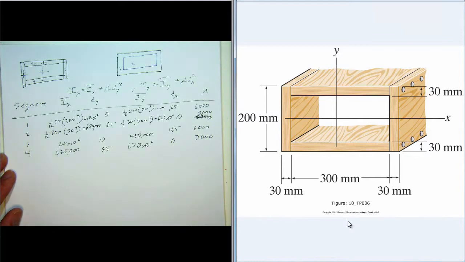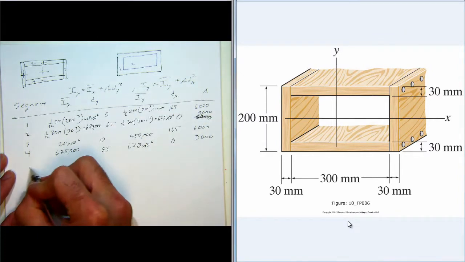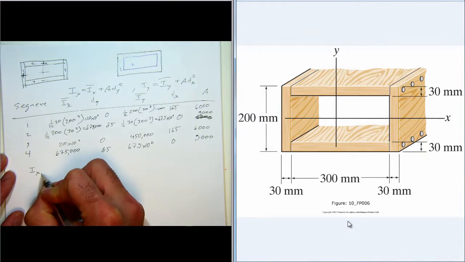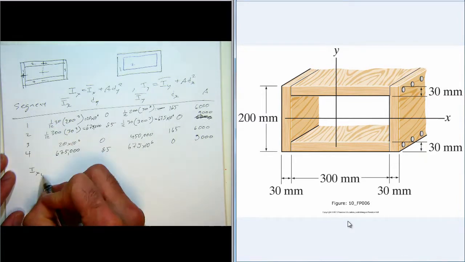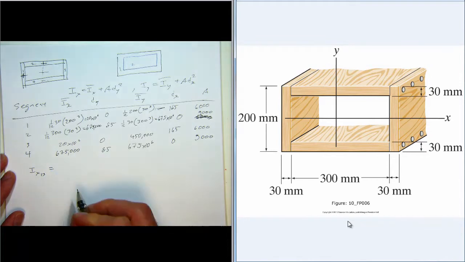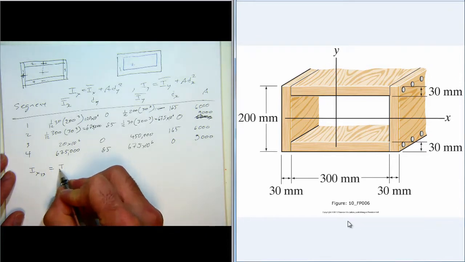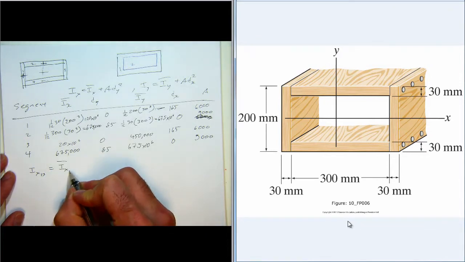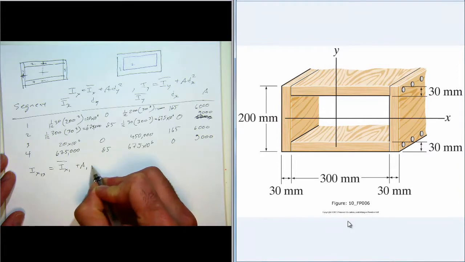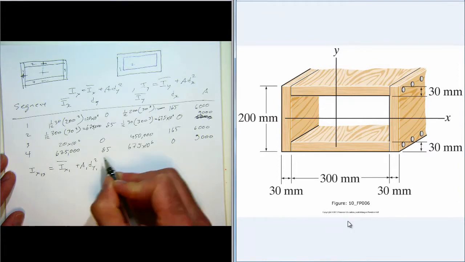Okay, so now we can find Ix1, so that's for segment 1, well 1/3 since I have the same, and that's equal to Ix bar 1 plus A1 dy1 squared.